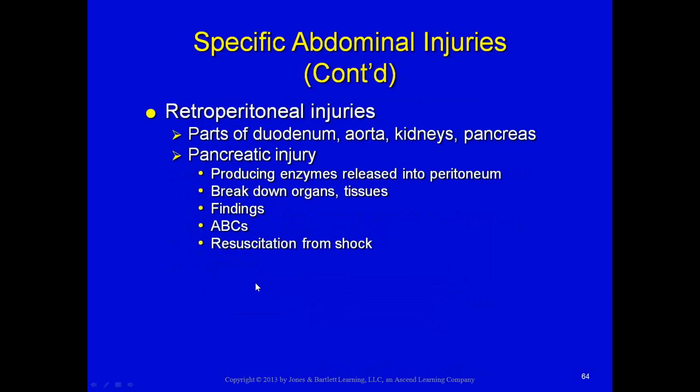So if the pancreas is injured, in addition to the enzymes being released into the abdominal retroperitoneal space, causing a retroperitoneal peritonitis, you'll also have a significant hemorrhage.